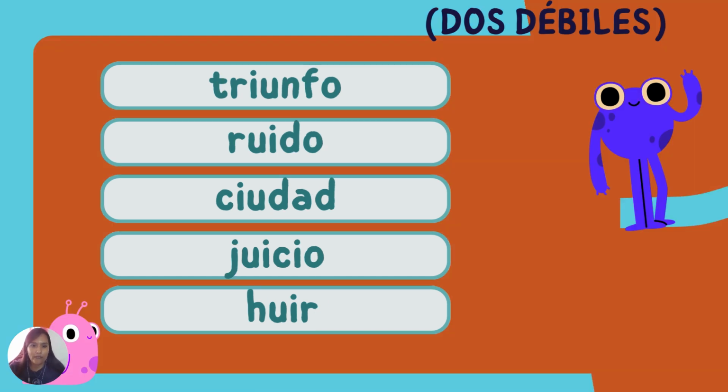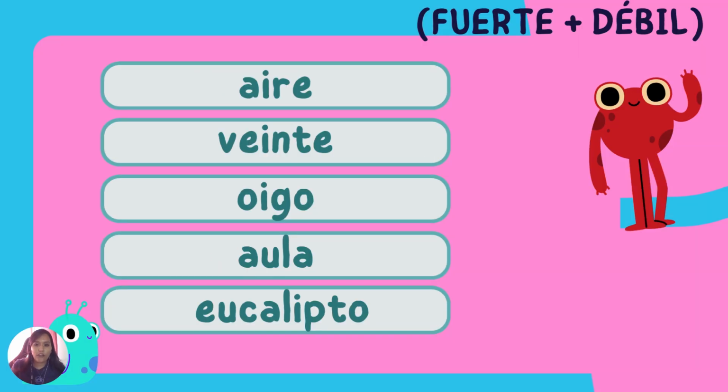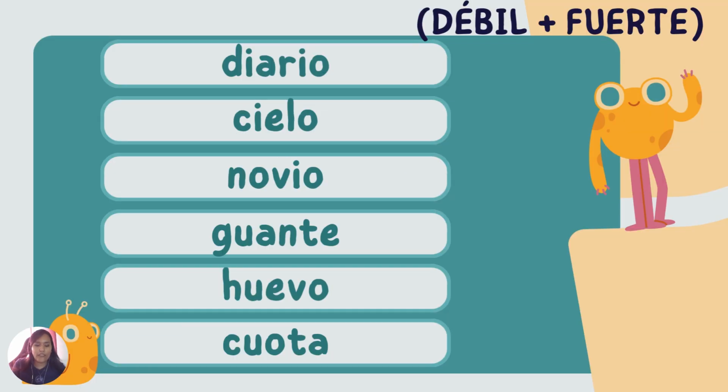And the last one, we have two vowels that are soft. So we have a soft vowel and a strong vowel, a strong vowel and a soft vowel, and two soft vowels.